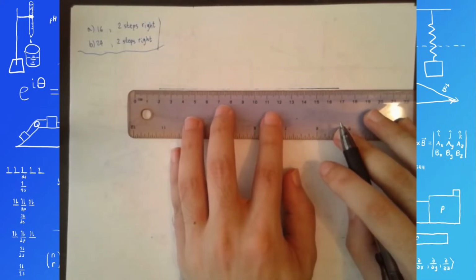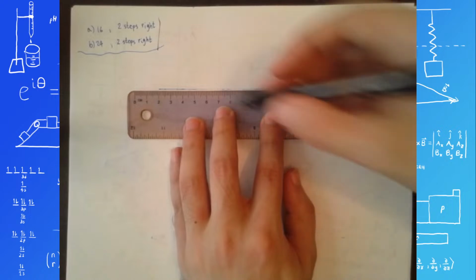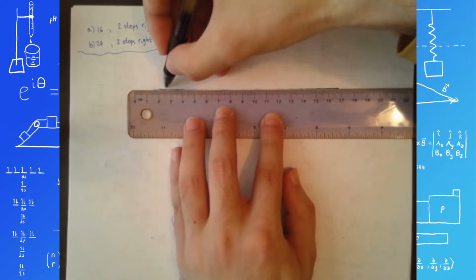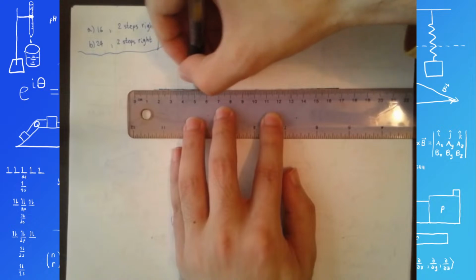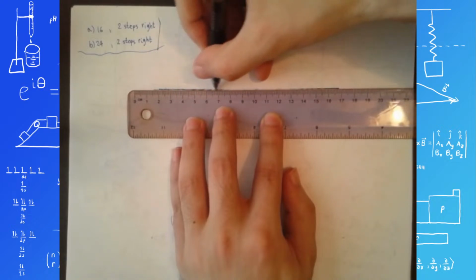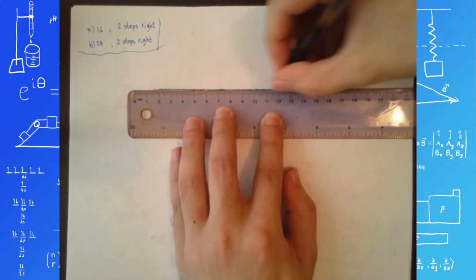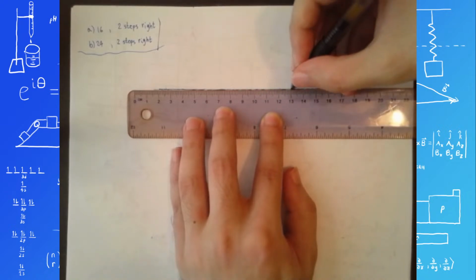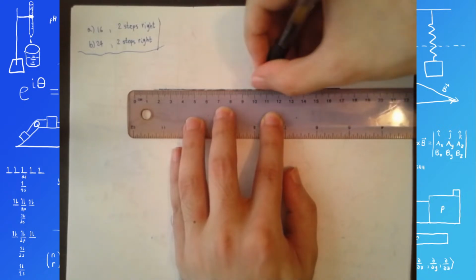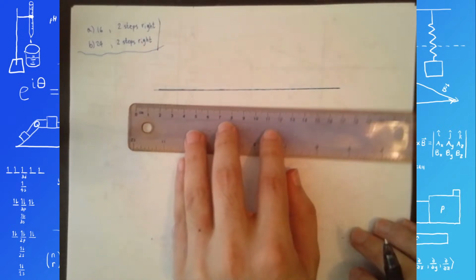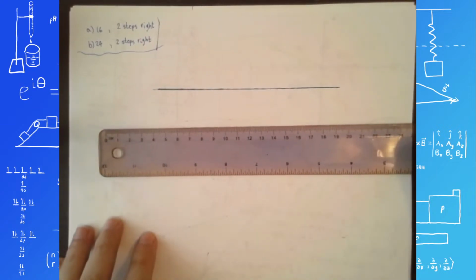I traced over it like 4 times, and still nothing. Okay, let's try. That's a little bit better. Okay, there we go. That's about as good as I'm gonna get it.